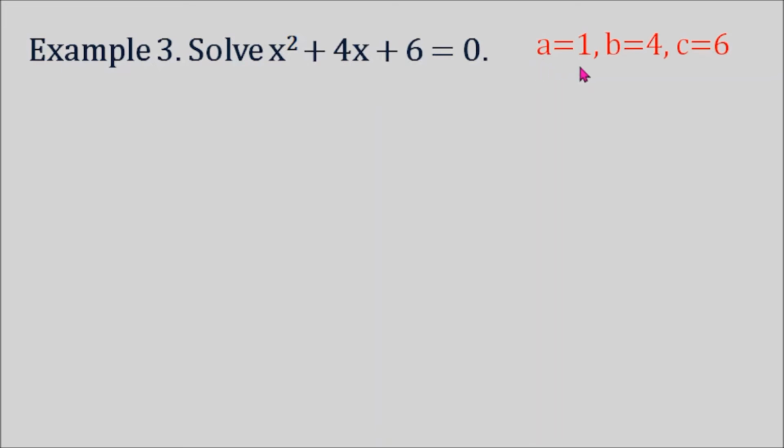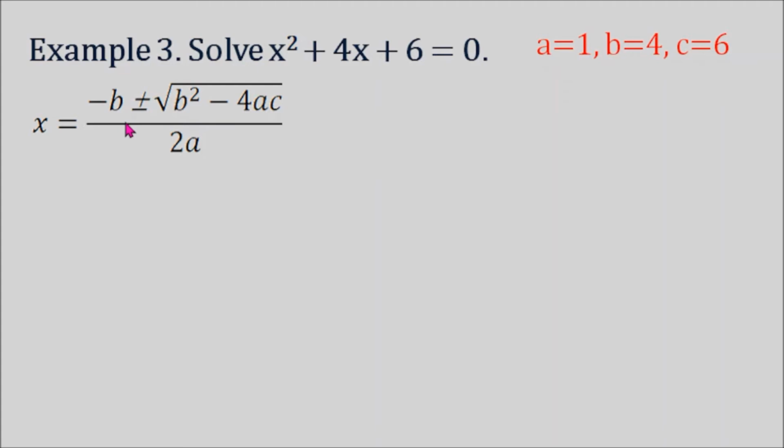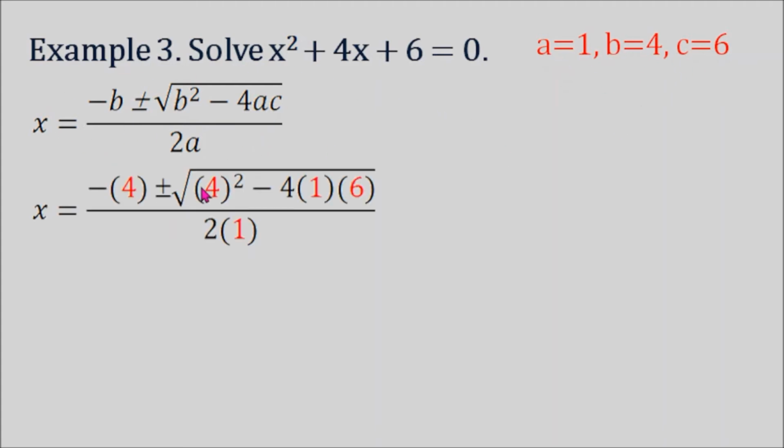Again, our a here is 1, our b is 4, our c is 6. This is our formula. And plugging these values into our formula, we have negative 4 plus and minus square root of 4 squared minus 4 times 1 times 6 all over 2 times 1.